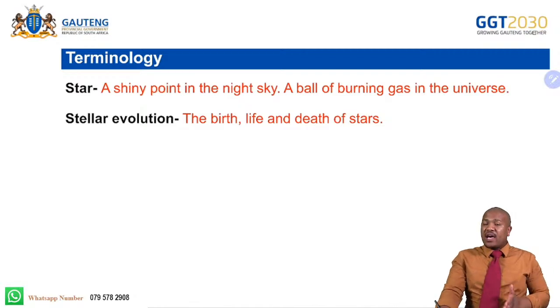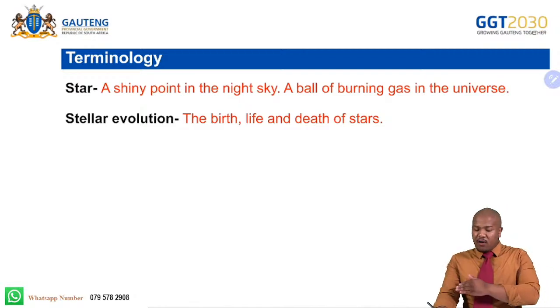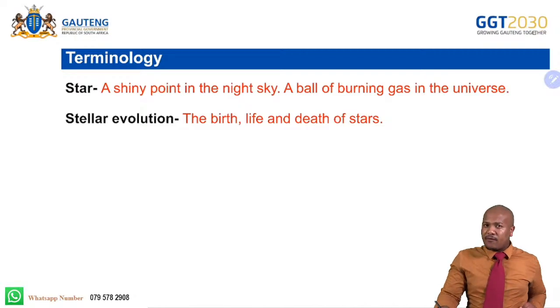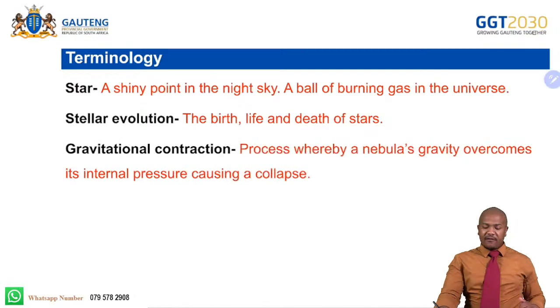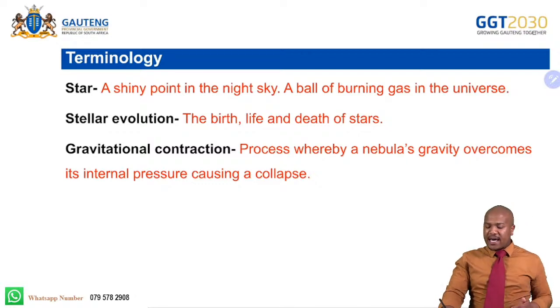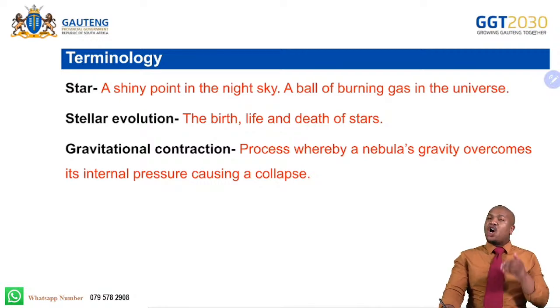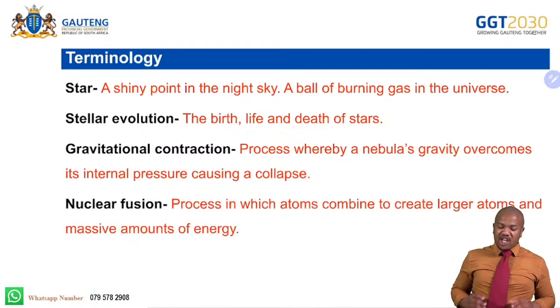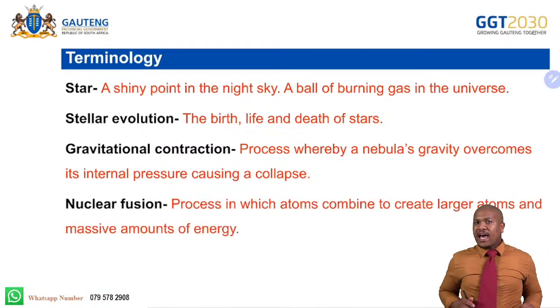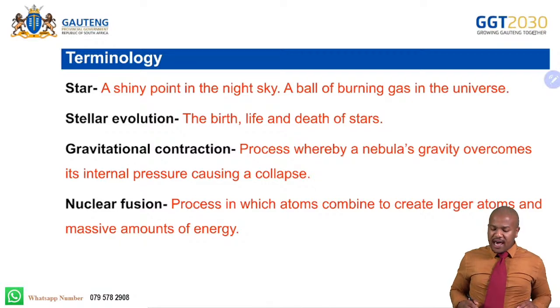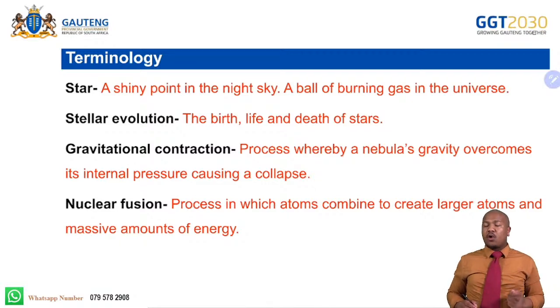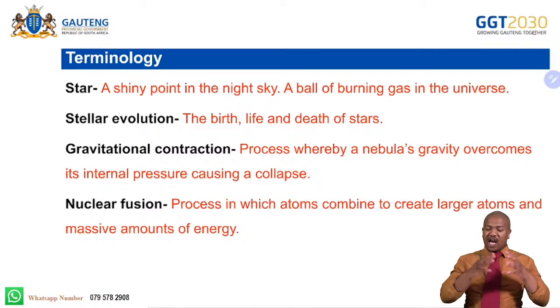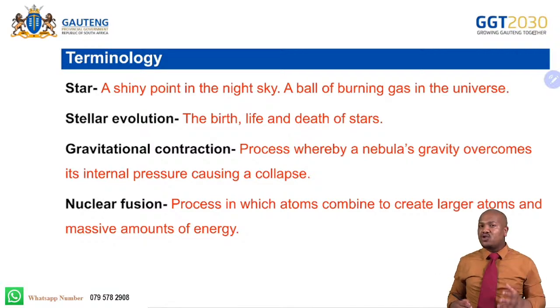We then have gravitational contraction, which is the process whereby a nebula's gravity overcomes its internal pressure, causing a collapse. We then have what? Nuclear fusion. And we define nuclear fusion as the process in which atoms combine to create larger atoms and massive amounts of energy.